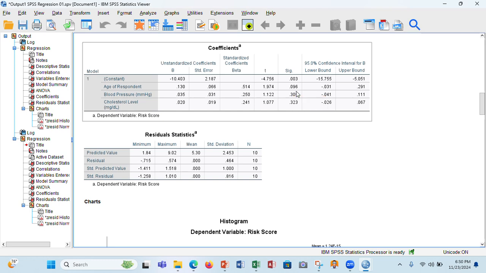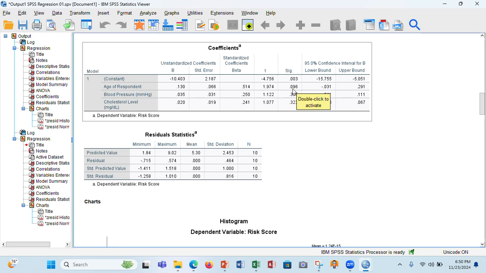When we set our alpha value at 0.05 and we read our p-value and find that it is greater than 0.05, then we say that the relationship is not significant.